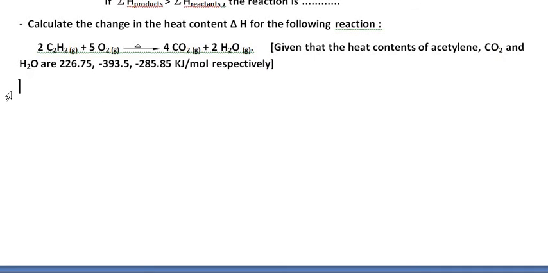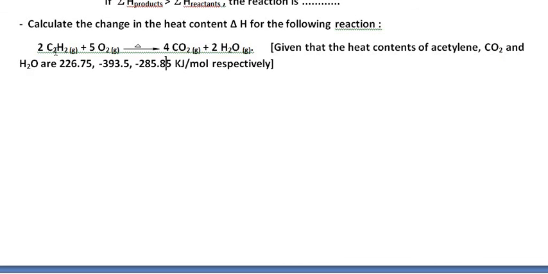So the answer is delta H equals 4 for carbon dioxide. These are the products. 4 multiplied by the heat content of carbon dioxide, this number, plus 2 for water, 2 multiplied by minus 285, multiplied by this number.